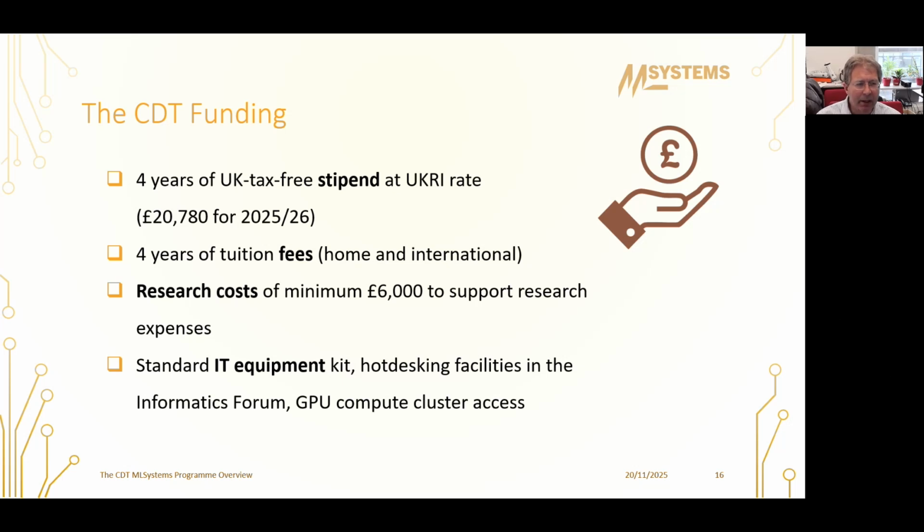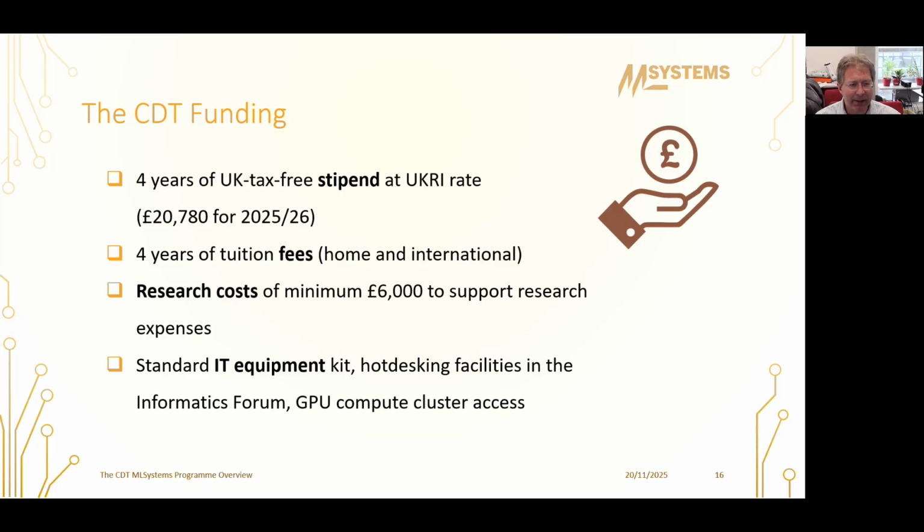So the CDT provides us with 4 years of UK funding. So that's tax-free from UK tax. That's typically about 20,000 or 20,500 pounds per year over those 4 years as a stipend.